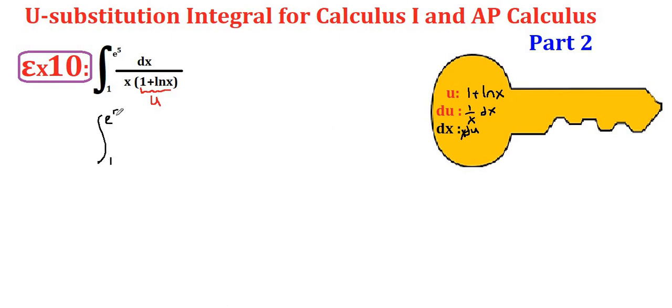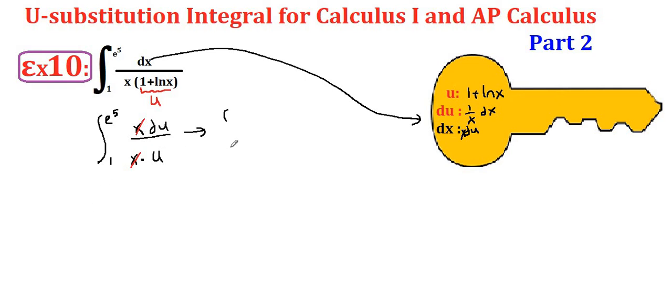Let's rewrite everything in terms of u. Integral from 1 to e to the 5 dx over x times u, and instead of dx we're going to write x times du. X is cancelled out, so we have 1 over u du.